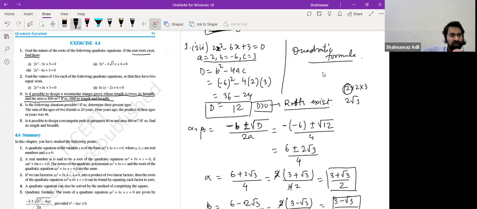Find the values of k for which the following quadratic equations have two equal roots. Adil, what is the condition for the two equal roots? First note it down and then we will discuss this second question.